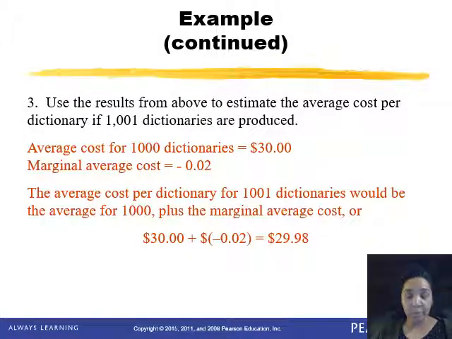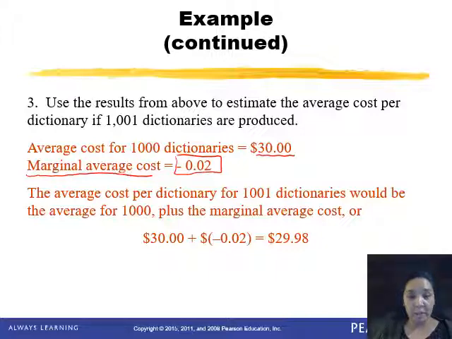So the average cost per dictionary as found from number 1 is $30. At 1,000 dictionaries, it's $30 for the average cost to make a dictionary. Now the marginal average cost, which is the derivative of the average cost, falls for every dictionary after 1,000 dictionaries.